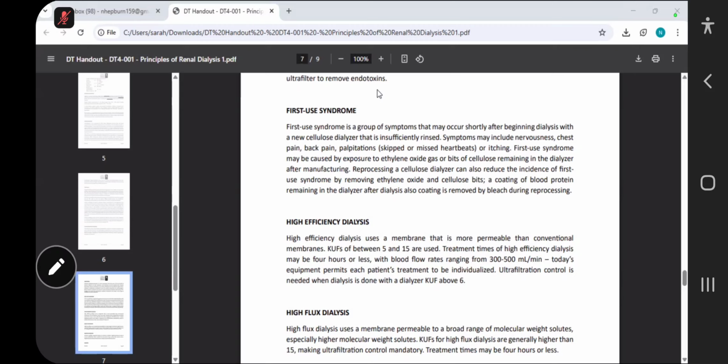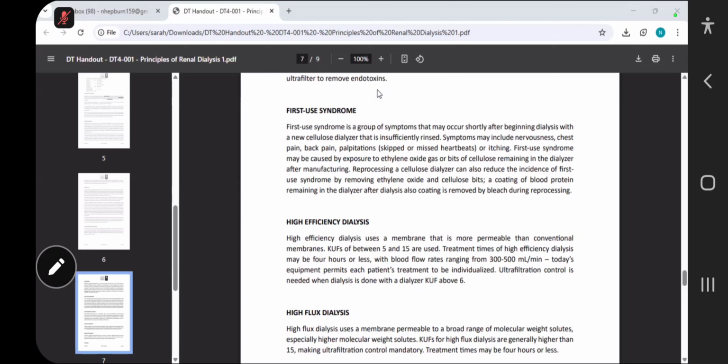So, Miss, more or less this first use syndrome is like you're drinking from a dirty cup? Yes, you could put it like that, but although it is also a new dialyzer, remember your blood is passing through this, right?